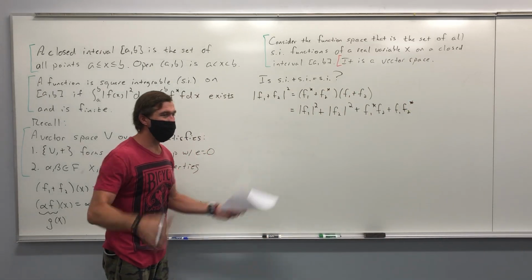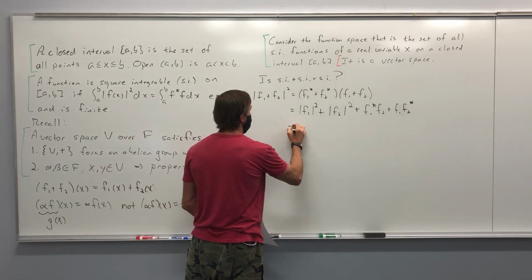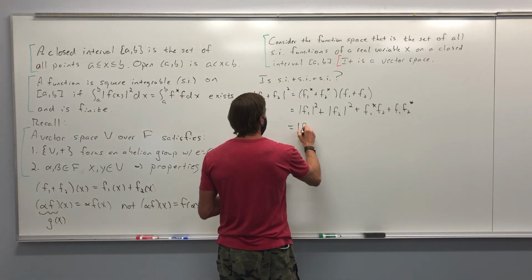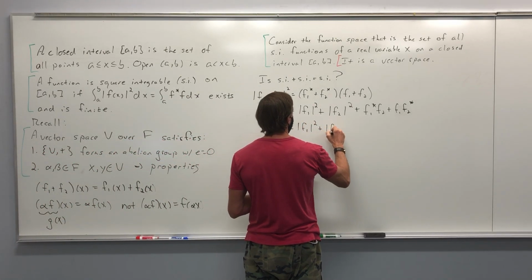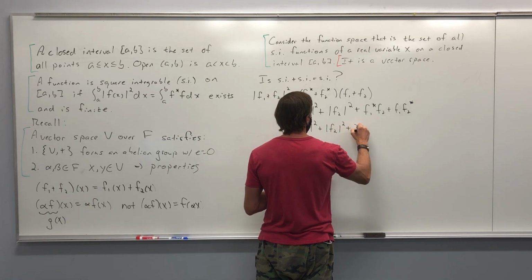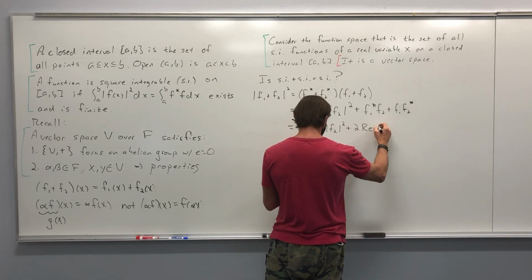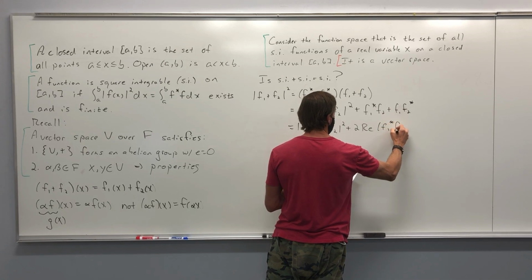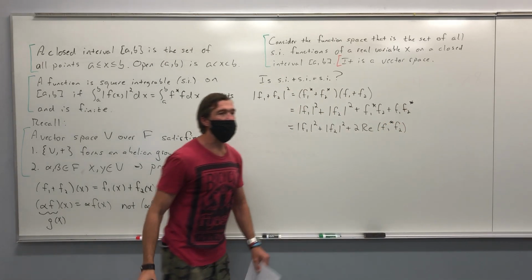That's just expanding out that binomial. Now this is the magnitude of f1 squared plus the magnitude of f2 squared plus twice the real part of f1 star f2.